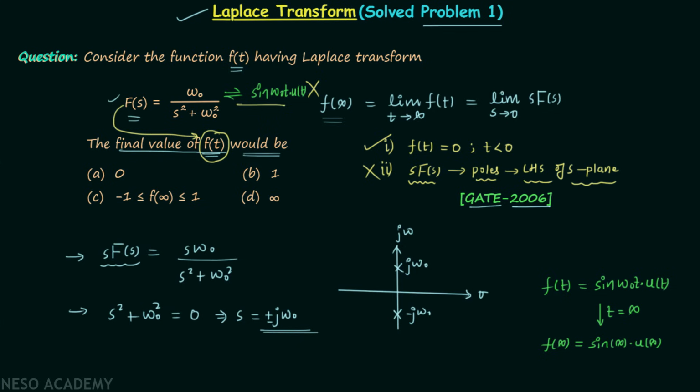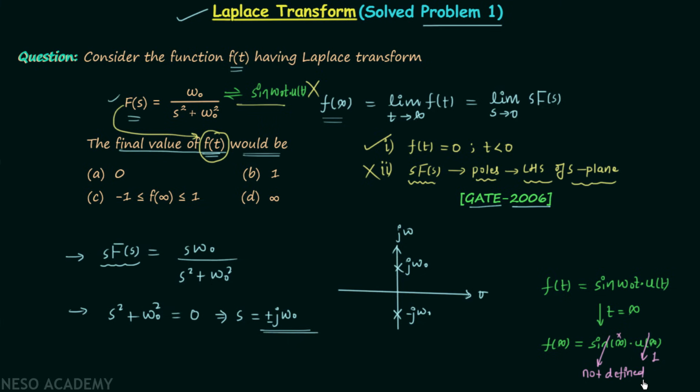We know unit step signal is equal to 1 from 0 to infinity. Therefore, u(infinity) will be equal to 1, and we know sine infinity is not defined. It is not defined because infinity is not defined, and therefore sine infinity is also not defined.